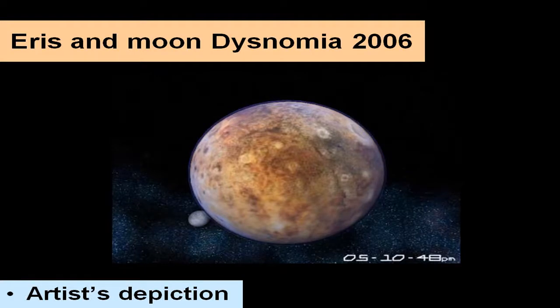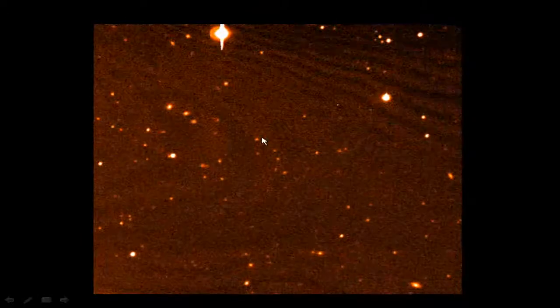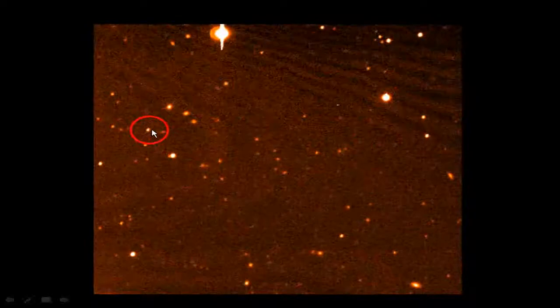So now that object is Eris and the moon is Dysnomia. Here's an animation showing Eris and Dysnomia moving across this field of view, hence showing that it's a relatively close object, not a star, moving around the Sun.